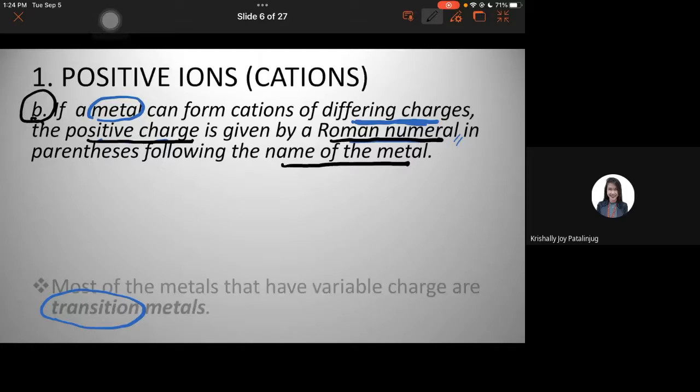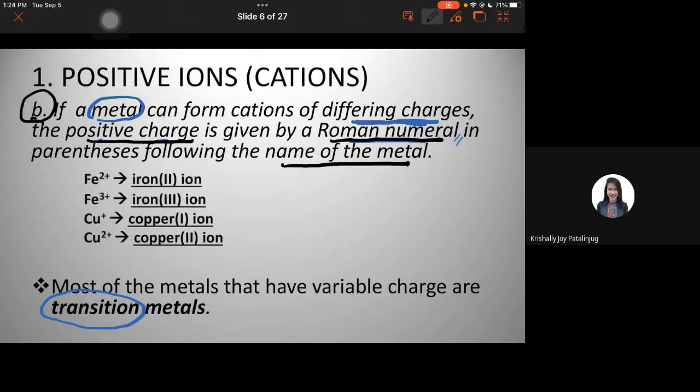That is why, have you observed the iron with a symbol Fe? When you name it, there are Roman numerals 2 and 3. Those Roman numerals represent the charge. So it's a hint, no?